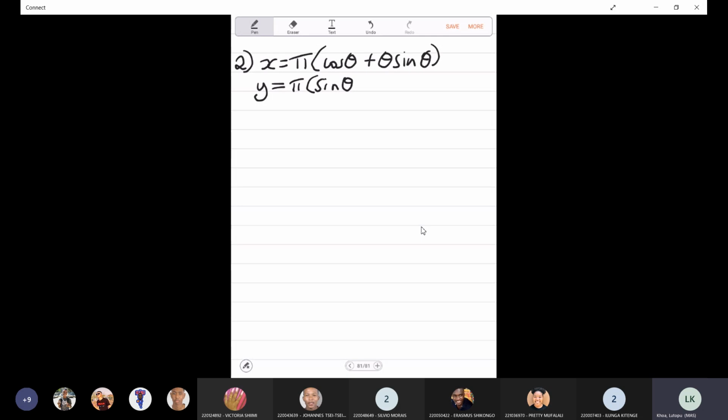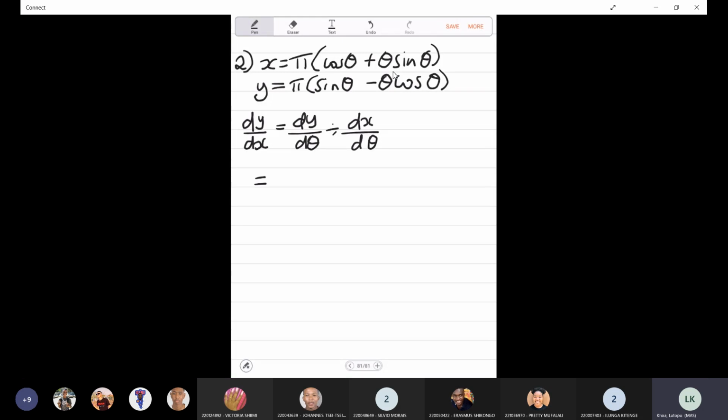So to work out the derivative of y with respect to x, we will just use the formula that dy/dx is dy/dθ divided by dx/dθ, and then we work out each of these.